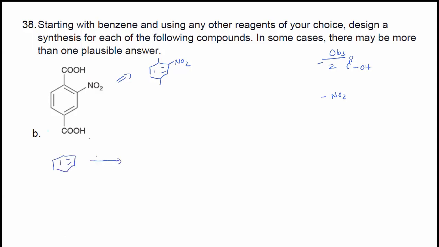So what you could do is add 1 carbon to make toluene. And then add the other carbon at the para position, because that methyl group is an ortho para director.